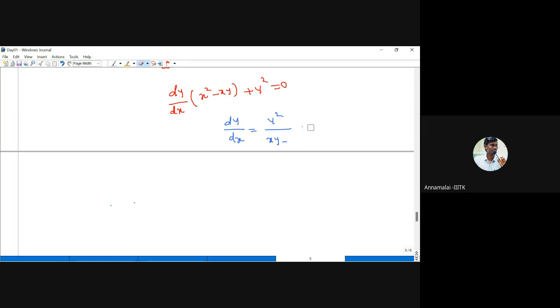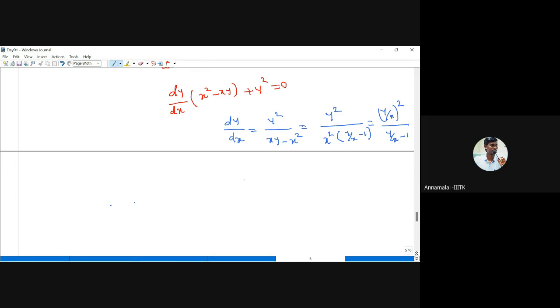So this is nothing but xy minus x square. You can take x square outside. We have y square by x square in the numerator, and if you take x square outside in the denominator, we have y by x minus 1, right? And this y square by x square can be written as y by x whole square divided by y by x minus 1. So anyway, it's a function of y by x.